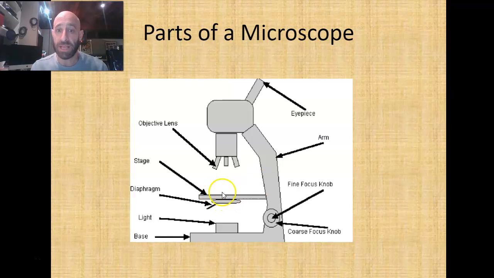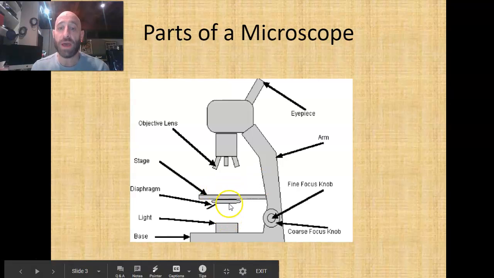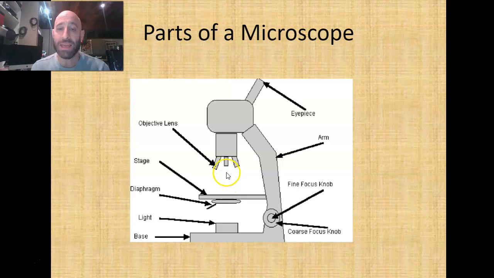The specimen sits right here on the stage, and then the light travels up through the specimen and then into what's called the objective lens. And microscopes usually have at least 3. Some have 4. And each objective lens is going to be a higher magnification. So you can increase how much something's magnified. And then it passes through the objective lens and then up through the eyepiece where it gets magnified again, and then you see it, right?